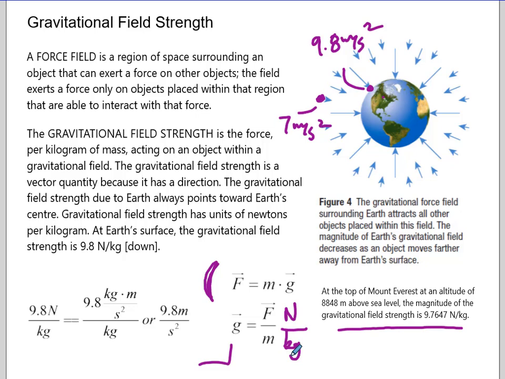We would say it's a certain amount of newtons per kilogram. So if we increase the amount of kilograms, we can get the new force that's applied to it. Conveniently though, by the time you cancel the kilograms, look what you get: the acceleration on Earth that we generally use in most of our questions.